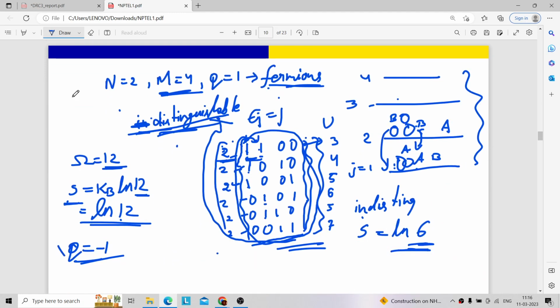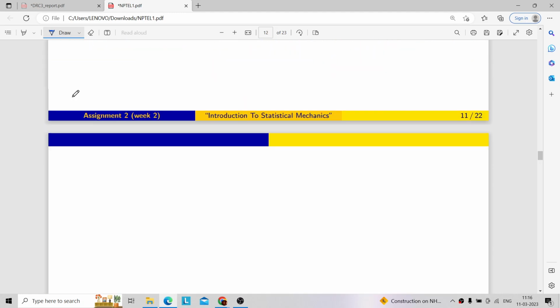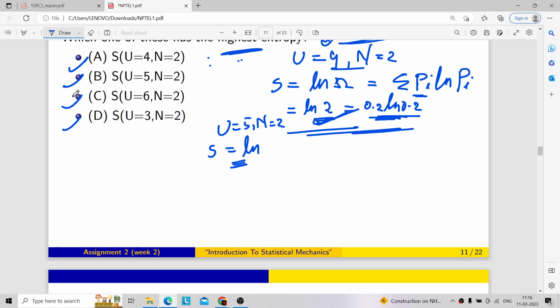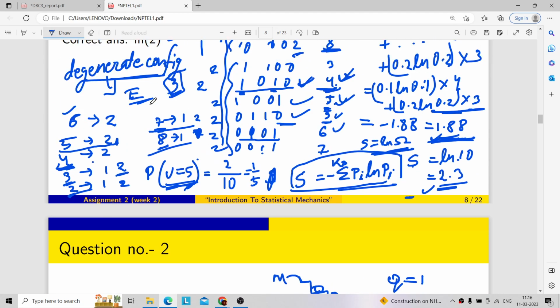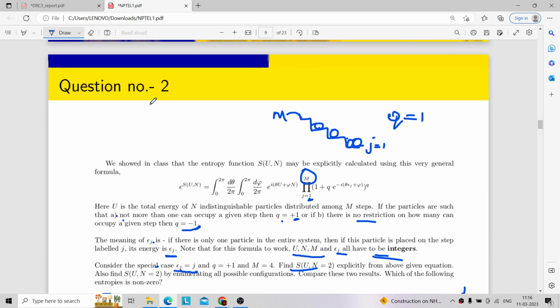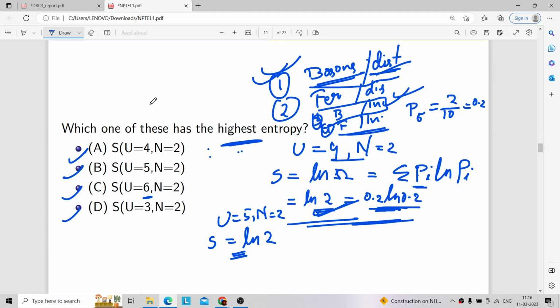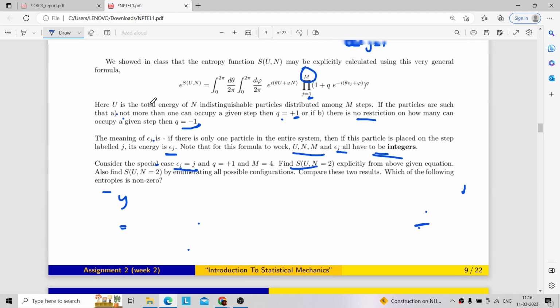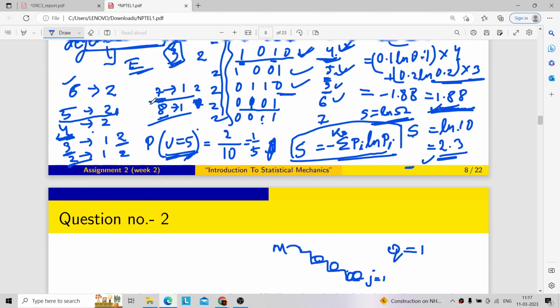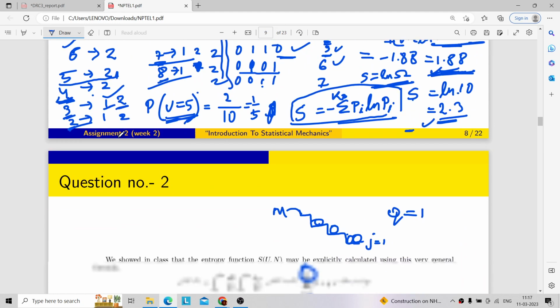So my entropy will be ln 2. Similarly, how many 6s do I have? 2. So for that also ln 2. For the 3 case, how many 3s do I have? 1. So for this the entropy is 0.